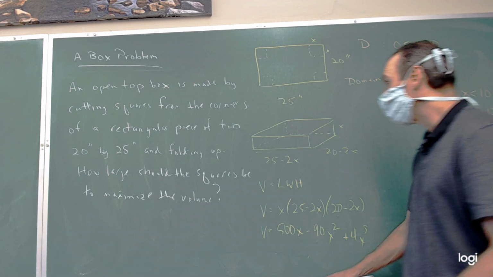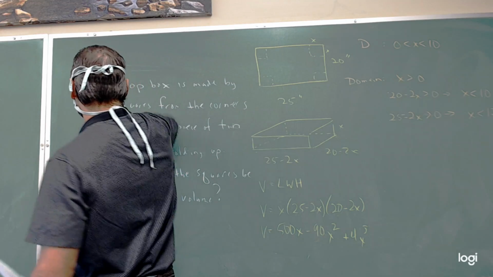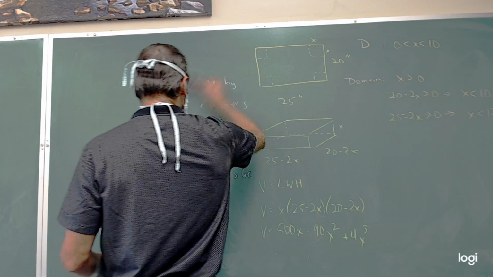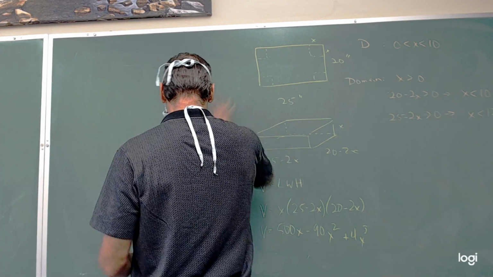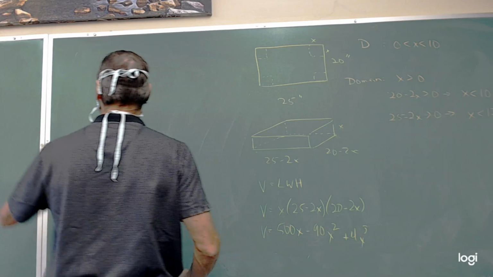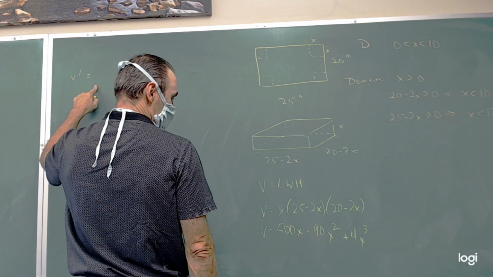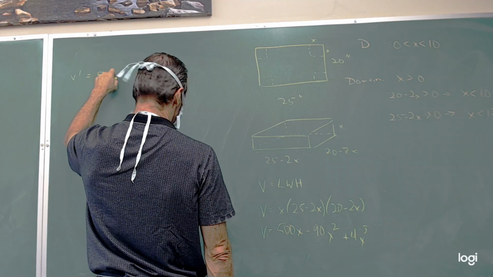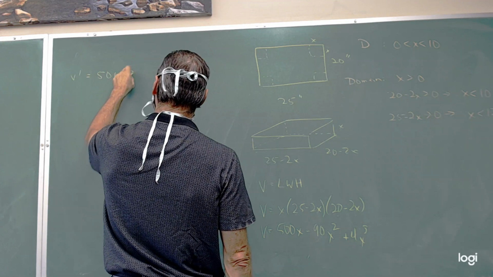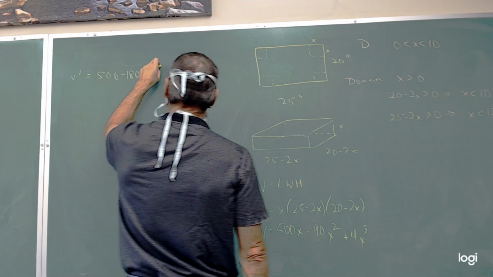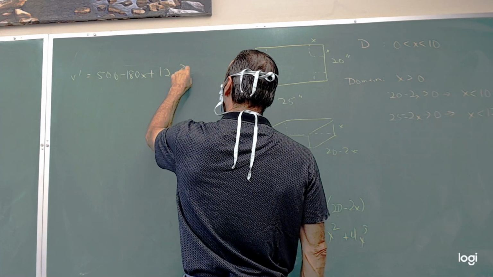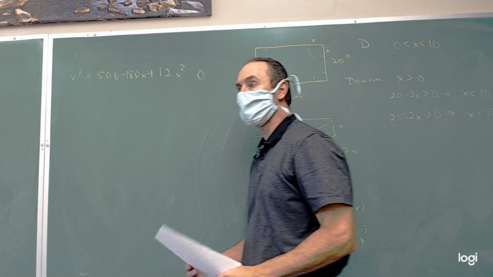So we'll take the derivative. So b prime, I'm going to move this out of here. So b prime is going to be... and this is where I think you go to your calculator.